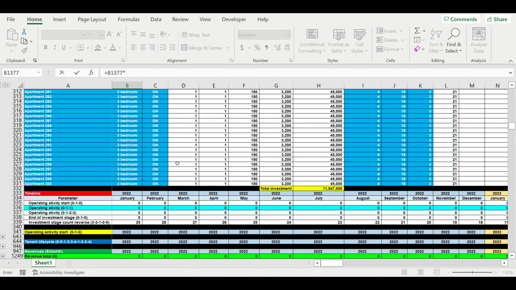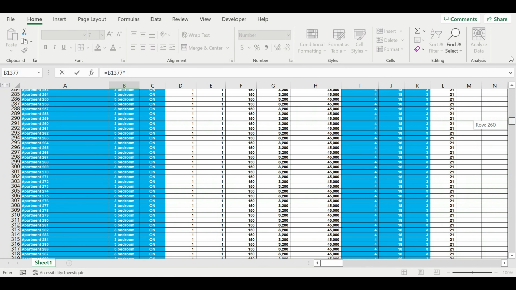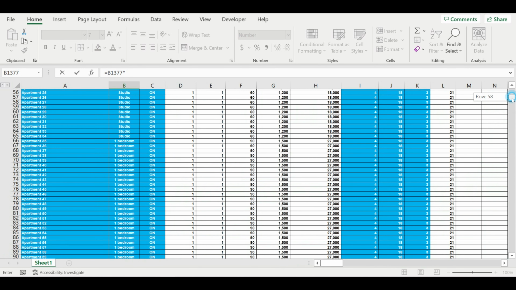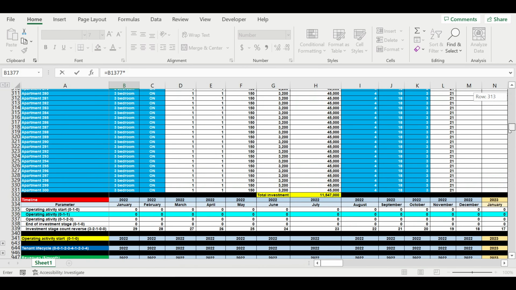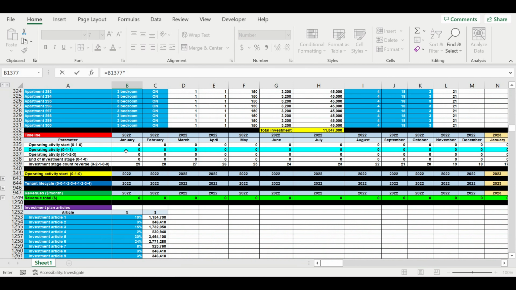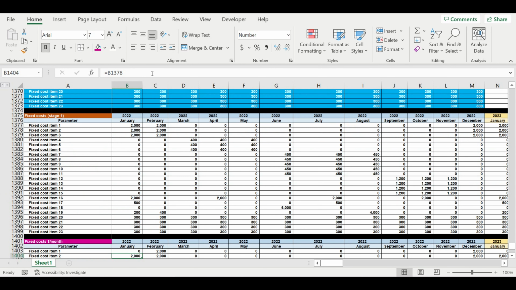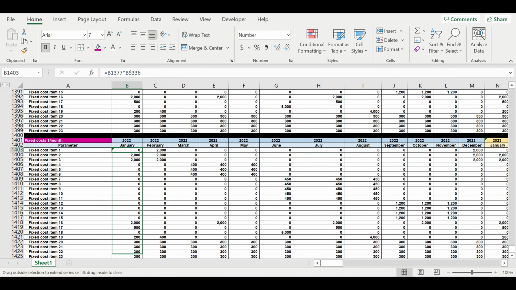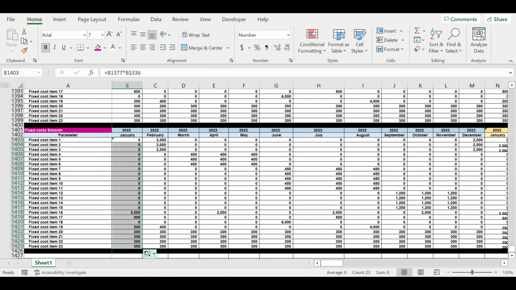So here we have June 2024. I'm just linking the fixed expense to this line, freezing it. Now I will extrapolate this formula to the bottom and to the right.